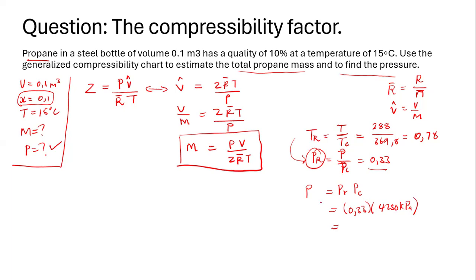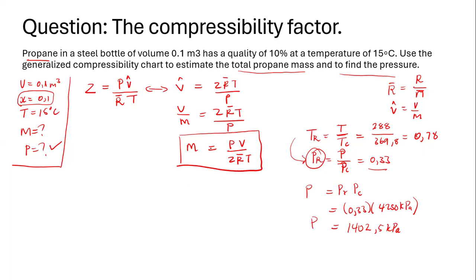And then now I'm going to say 0.33 multiplied by 4,250, and I get 1,402.5 kilopascals. One of the reasons we convert to kilopascals is because eventually when we substitute our pressure into this equation to calculate mass, we're going to need these units, which are in kilopascals, right? So now answering this question, we are done. The pressure is this one over here.